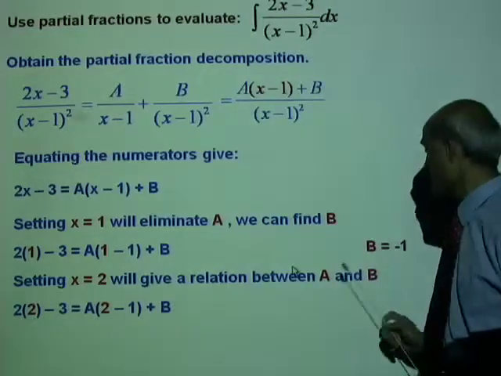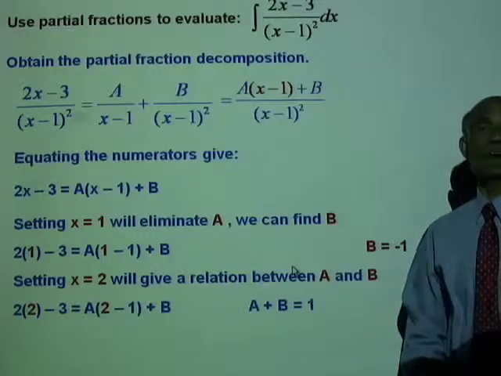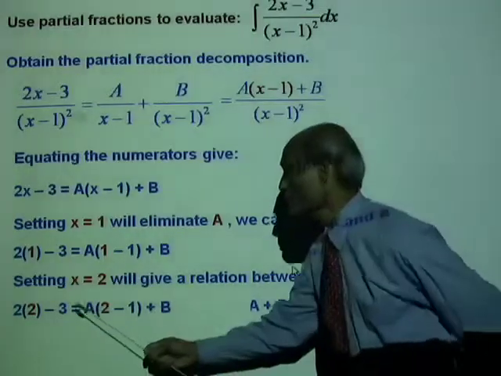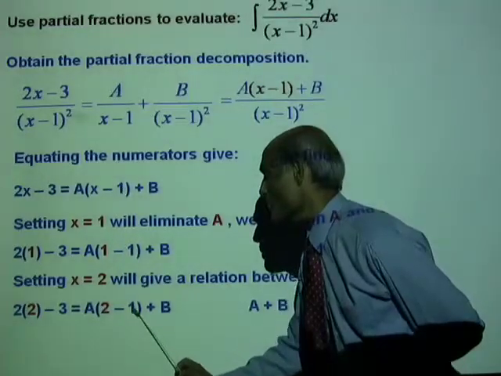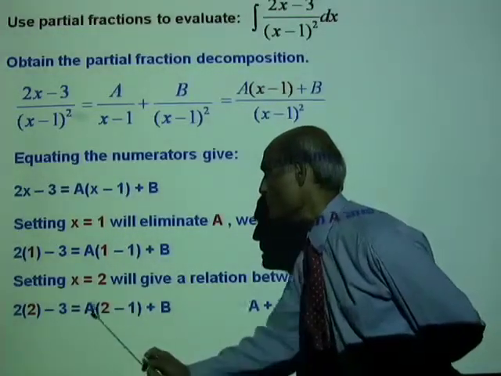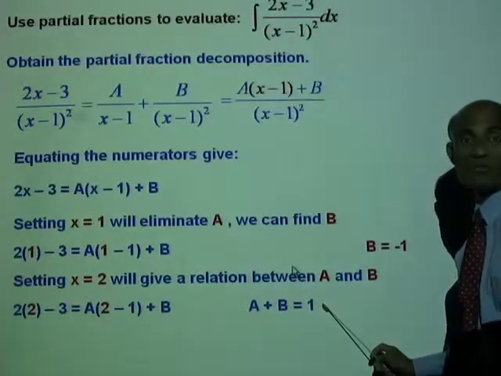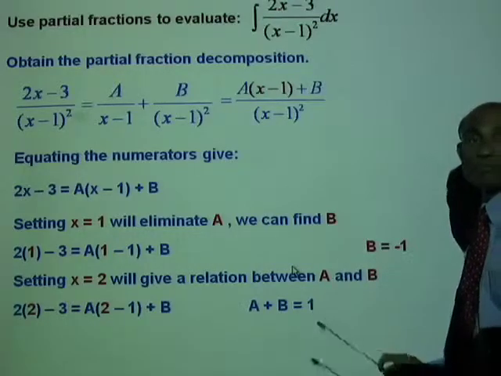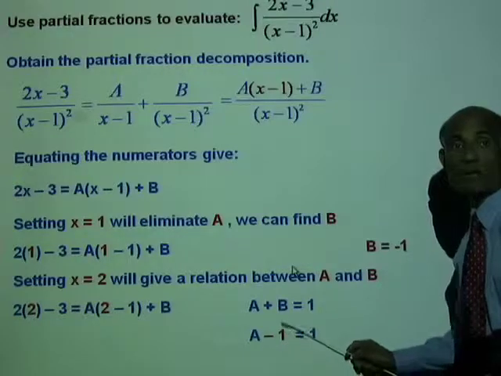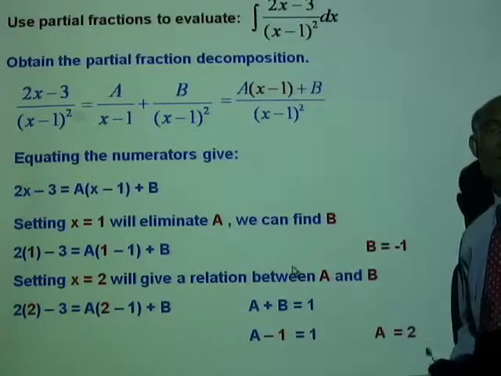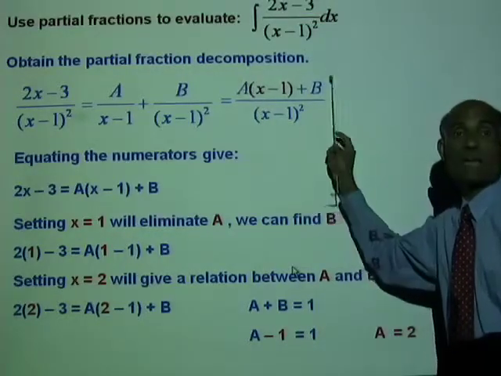And replace your b by -1 so that we can find your a. Now this will give you a plus b equal to 1, isn't it? 2 minus 1 is 1. A plus b equal to 4 minus 3 is 1. A plus b equal to 1. But b equal to -1. Therefore, a plus -1 equal to 1. That gives you a equal to 2. So you have the values of a and b.